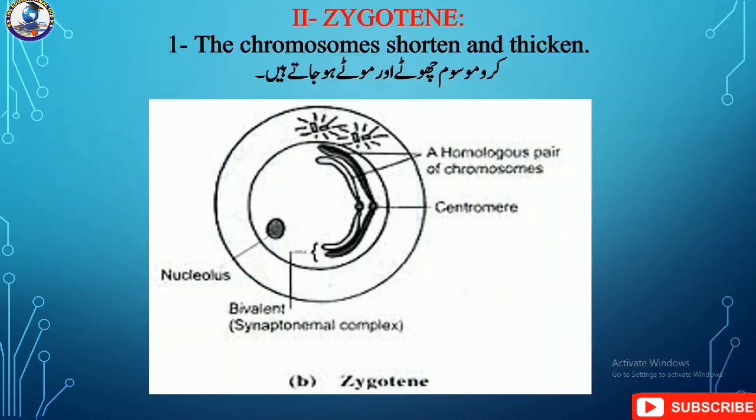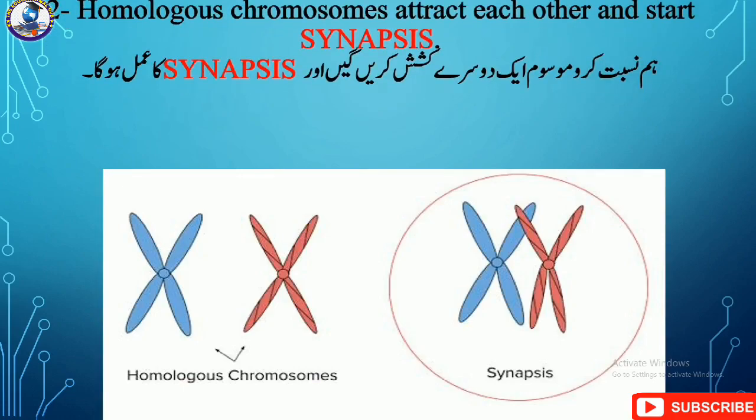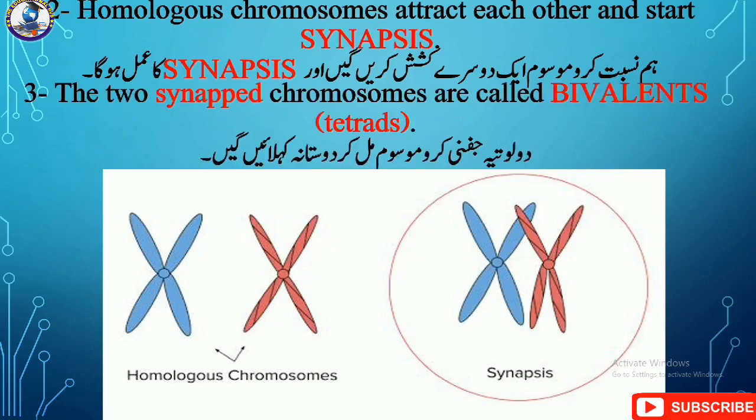The next substage of prophase 1 is zygotene. In zygotene, chromosomes become more shortened and thickened. Homologous chromosomes attract each other and start synapsis. The two synapsed chromosomes are called bivalents or tetrads.